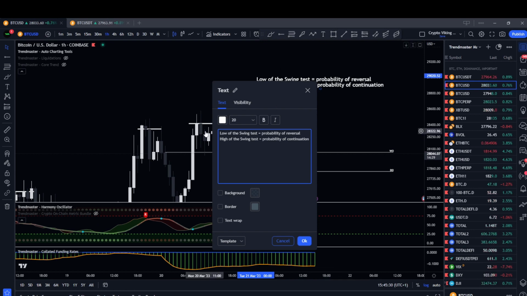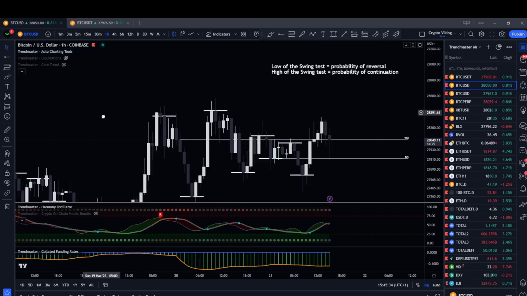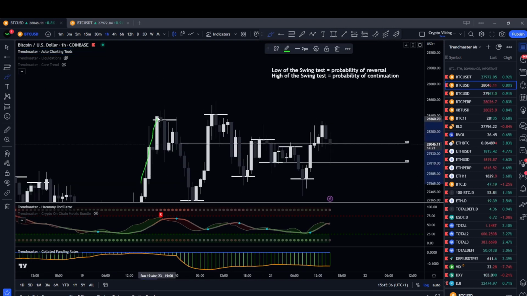That's all we're doing. So we test the low of the swing, whether that's going to the upside or the downside, right? Test the low of the swing. There's a higher probability that it's going to reverse there, versus if it tests the high of the swing, there's a higher chance that price will eventually continue, which is what we end up seeing.